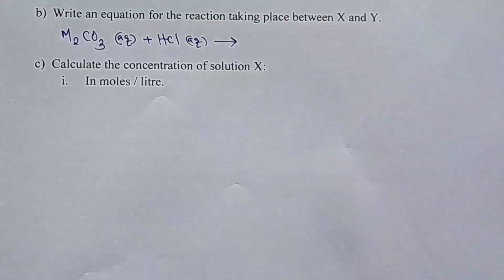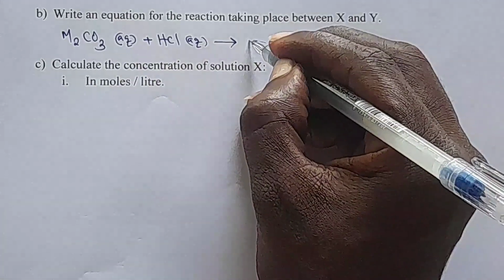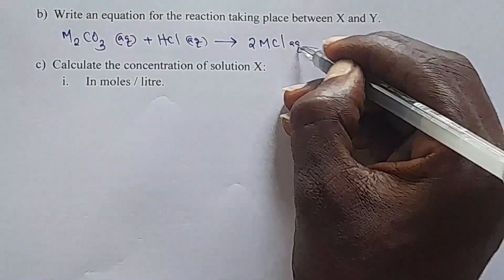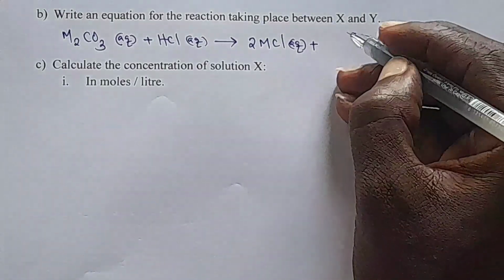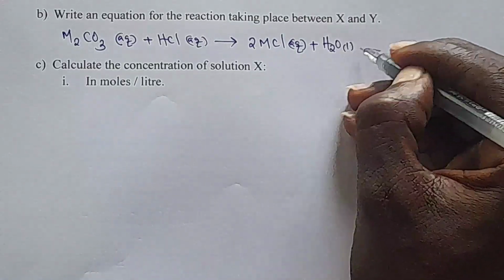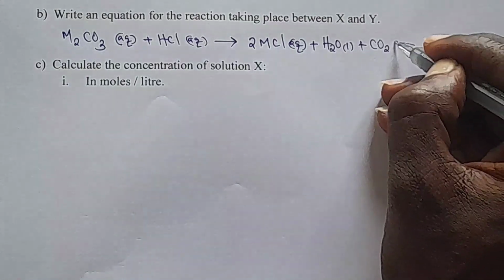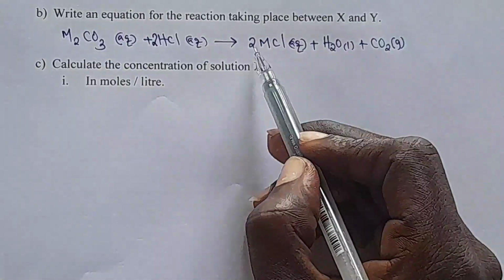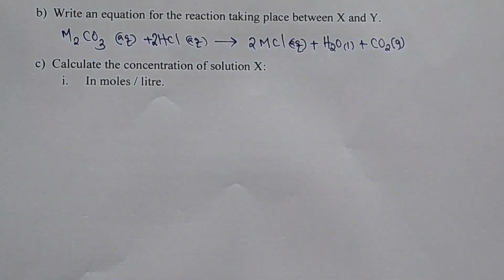So we are going to get 2 MCl aqueous, plus water, which is liquid, plus carbon dioxide, which is a gas. Then we put 2 here and also 2 here to balance the equation.